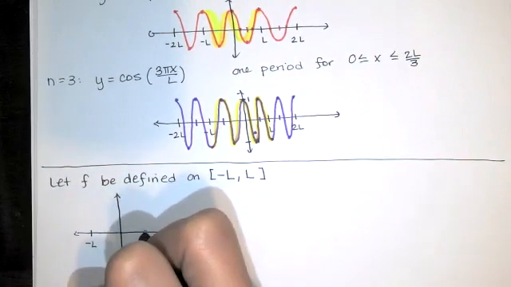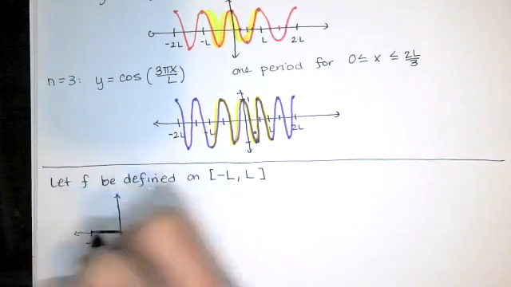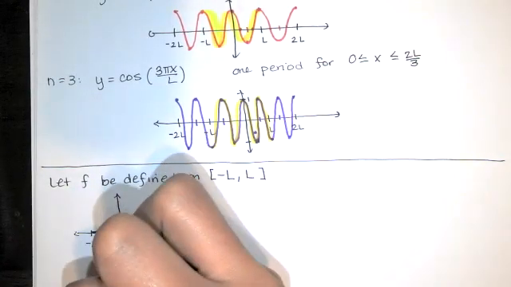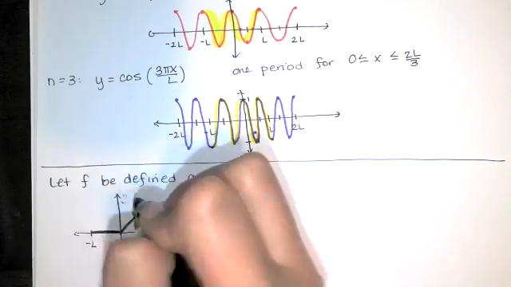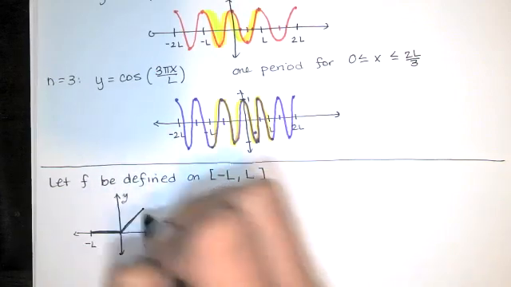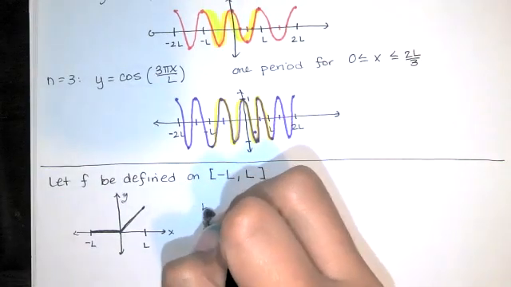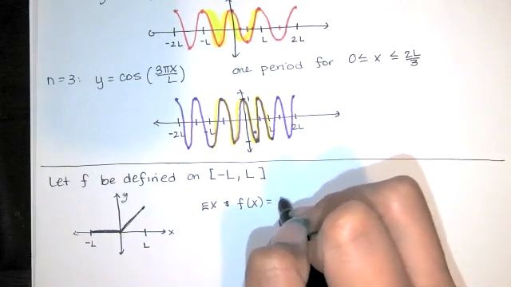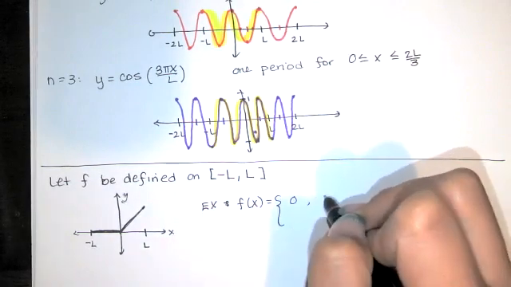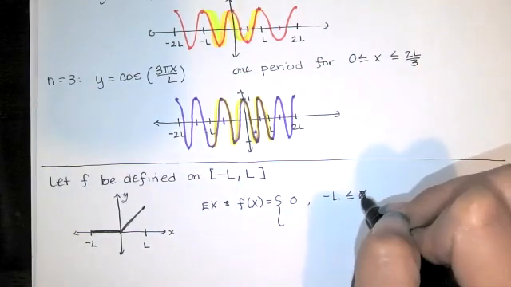And I'm going to make it this one, where it's the 0 function between negative L and L, and it's the function y equals x between 0 and L over here. It's just for example. Oops, it should be an x.